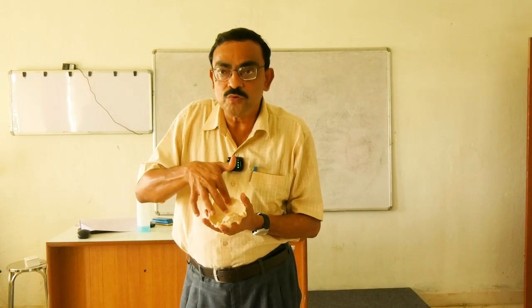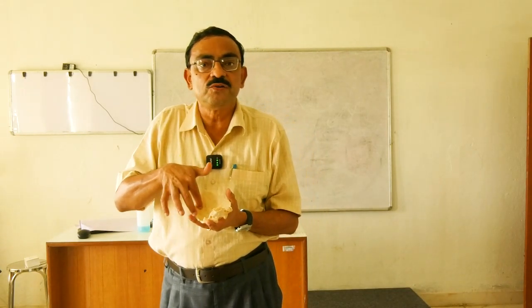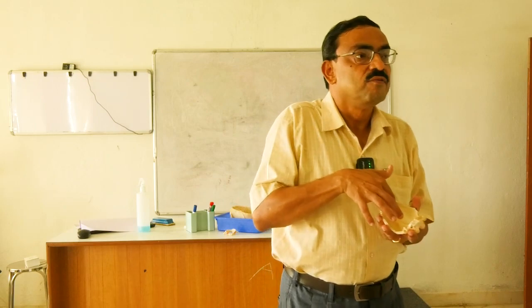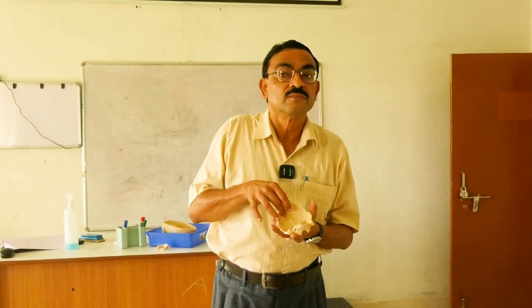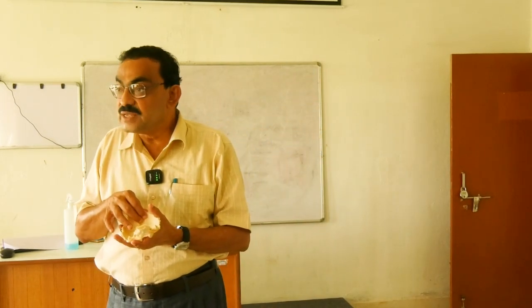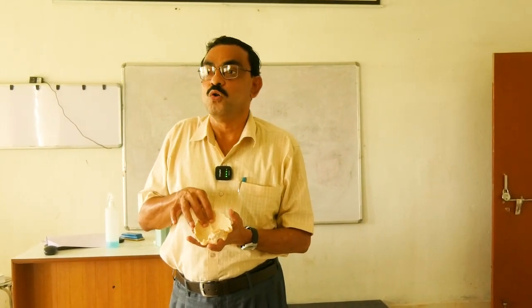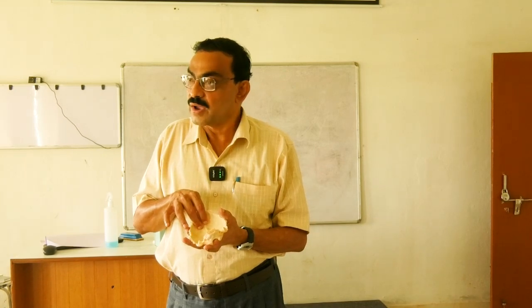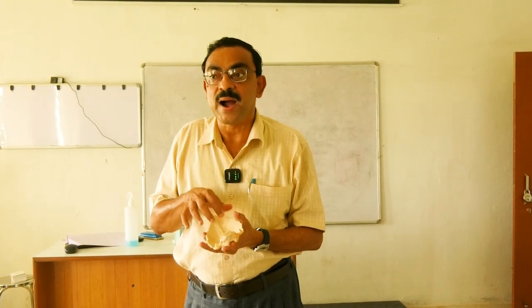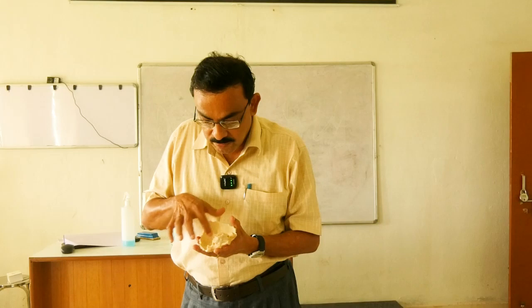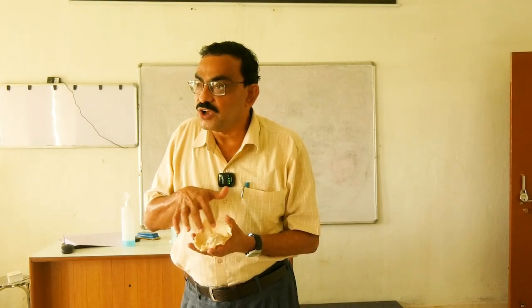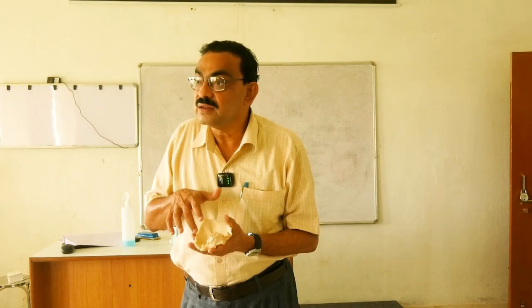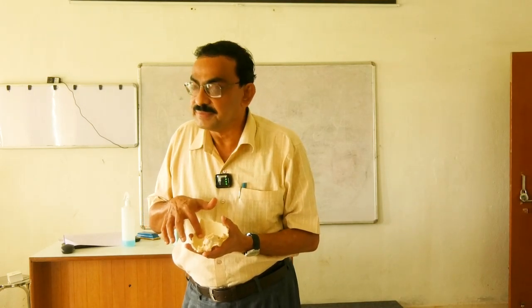The upper two fossae are for the lodgement of the occipital pole, or part of the occipital lobe of the brain.